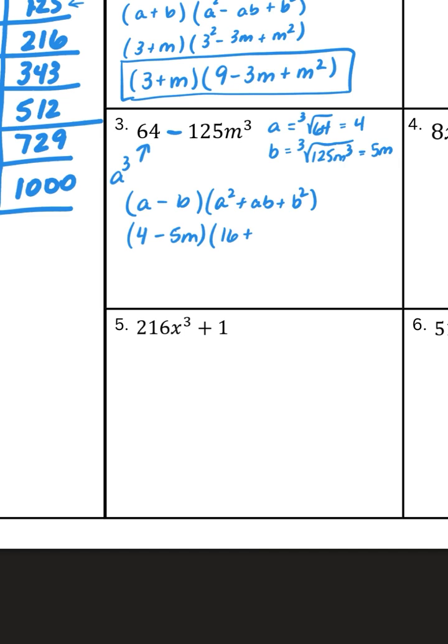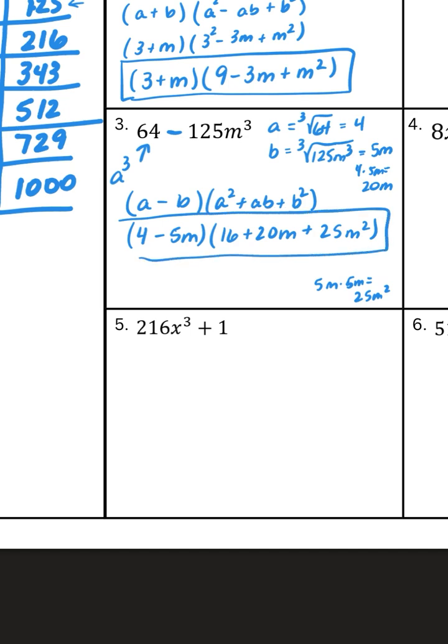A times B, so 4 times 5m is 20m, plus, and then 5m times 5m is 25m squared. And that's my answer. So the 20m and then the 25m squared, that's where those come from.